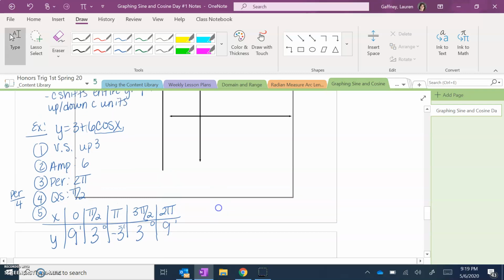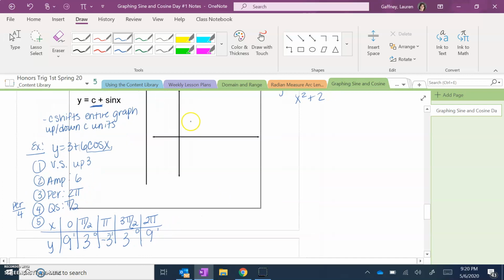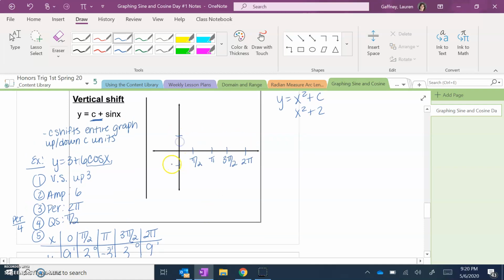So it goes back. So let's come over here and let's plot this. Sorry, I only have a minute left. So I'm going to rush through this. So the normal graph of cosine looks like this. Okay? So now this one, at 0, I'm up at 9. Clearly I didn't scale this very well.